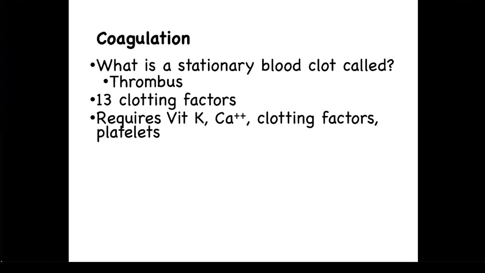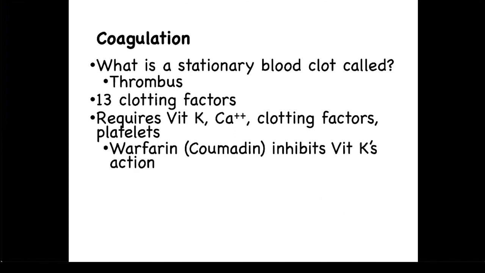Calcium functions as one of the clotting factors, and platelets will be releasing chemicals involved in coagulation. Warfarin or Coumadin inhibits vitamin K's action. That is why warfarin can be taken to prevent blood clotting. It will inhibit the synthesis of 4 of the clotting factors.